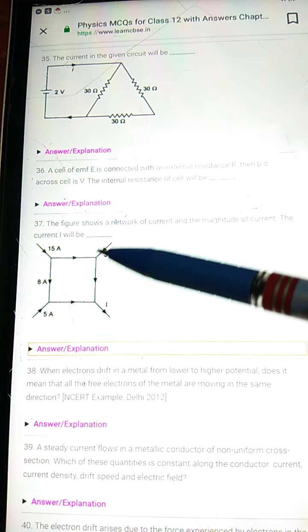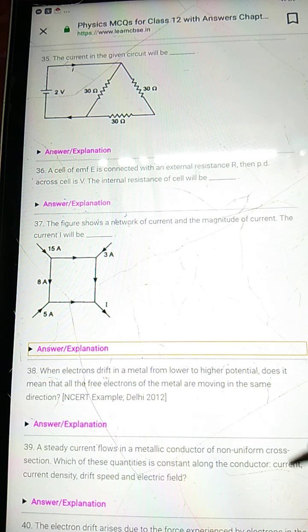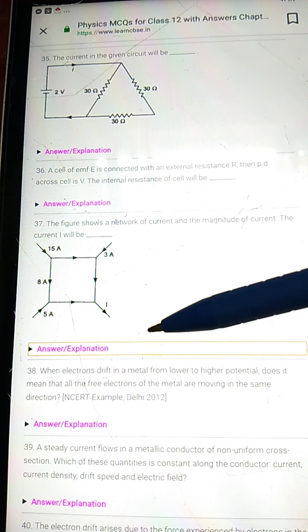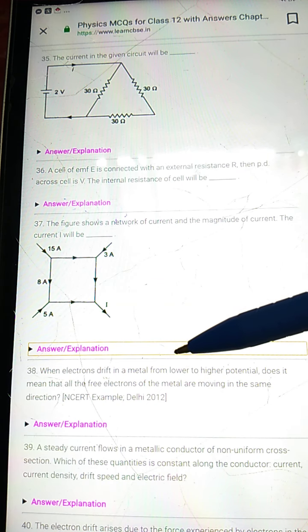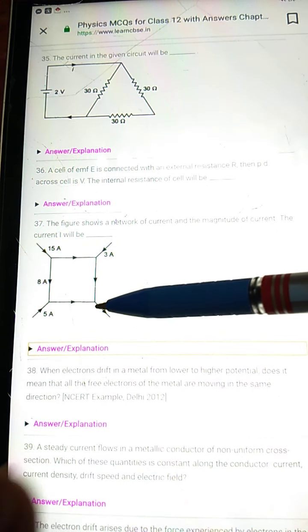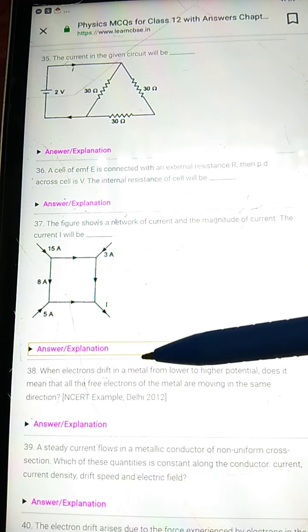Through 3 paths current is entering, and there is only one way to escape. So all the current which is entering the square must escape through this route. There is no other option.